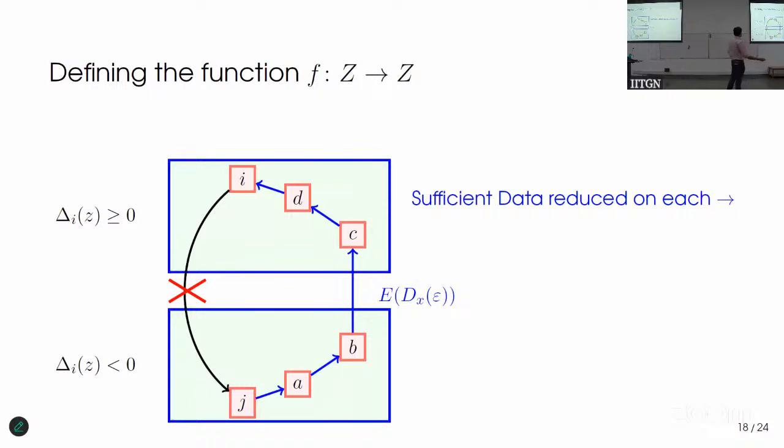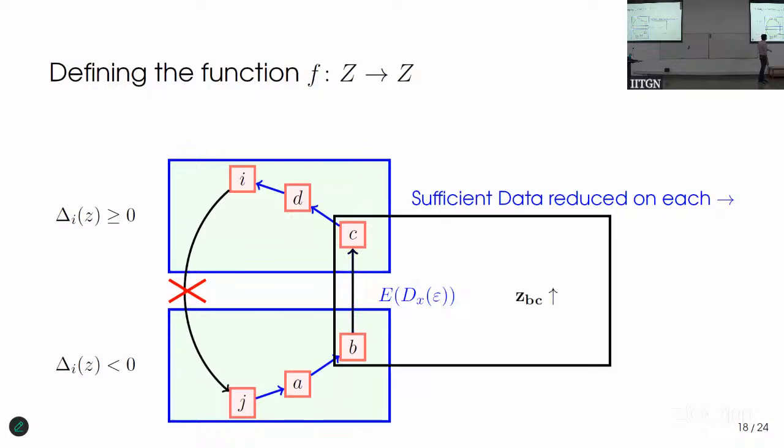And if this is the reason, well, you start with a low surplus agent, and you move along the edges of the dependency graph, and you get to a high surplus agent. Meaning that at some point in time, you would have crossed from a low surplus agent to a high surplus agent. And since you have an edge in the dependency graph, it means that there is slack in this edge.